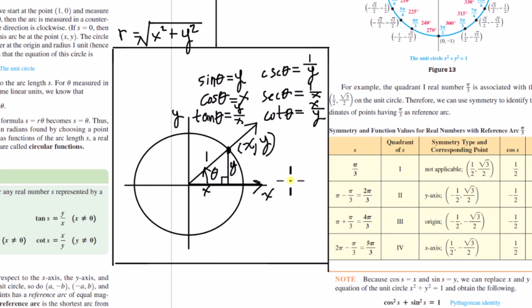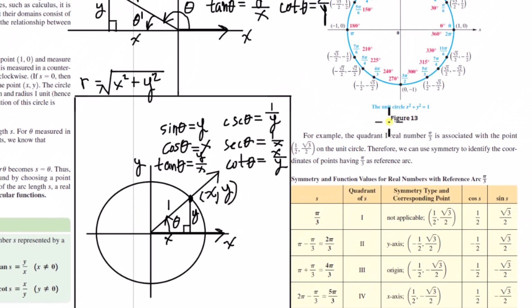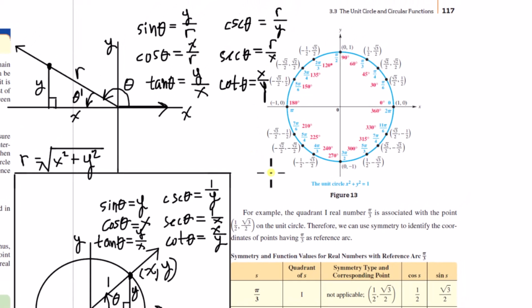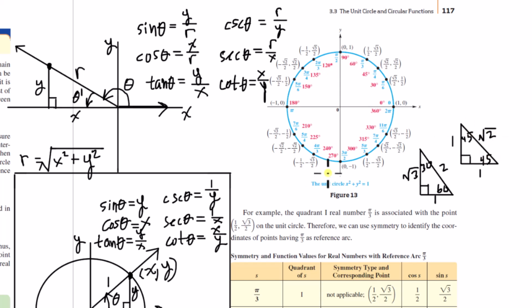But we're not quite done. Let me illustrate how you could easily construct this entire diagram on command without having to memorize anything except these base triangles and their side lengths, and then just recall the general idea of what the unit circle is.